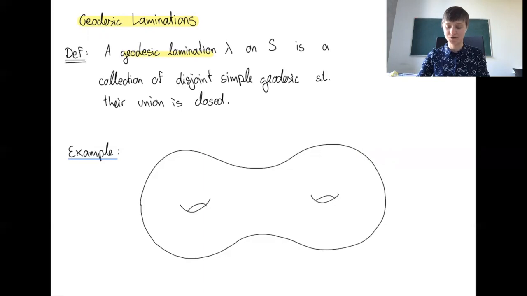I've drawn our favorite surface of genus 2. We've seen one example before, namely one simple closed curve. This is simple, it's disjoint because it's only one curve, and it's closed. So we could add other curves that do not intersect this one. For example, that one.